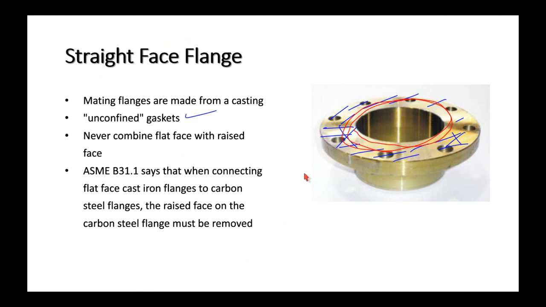And you think, well, what the heck? This is a lousy machining job. The whole idea with the ridges is to help hold the gasket in place and prevent blowout. So I just wanted to slide that one in there for you. Ridges prevent blowout.